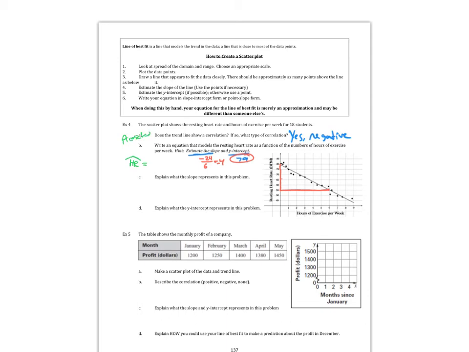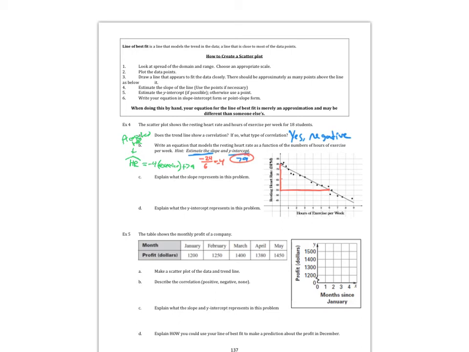Predicted heart rate is how we read that. So predicted heart rate equals my slope, which was negative 4, times, what's the x value? It's hours of exercise. So we'll just call it exercise, plus the y-intercept, 79. So predicted heart rate equals negative 4 times the hours of exercise plus 79.